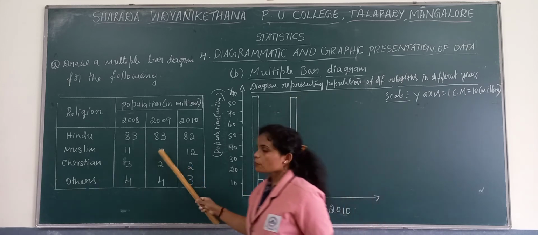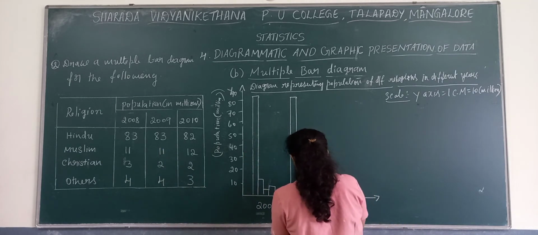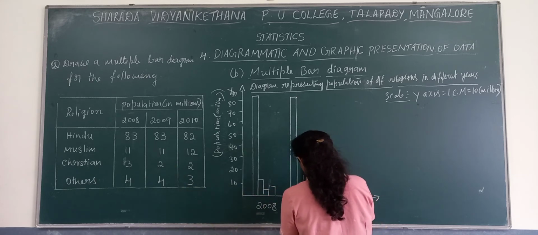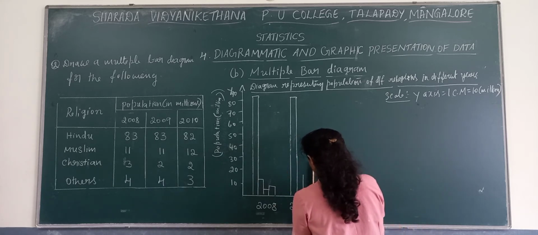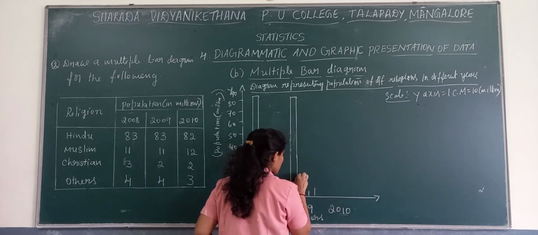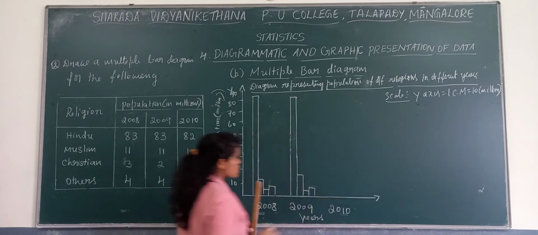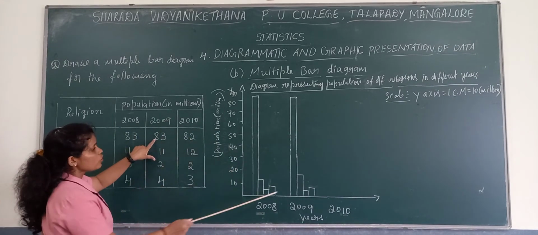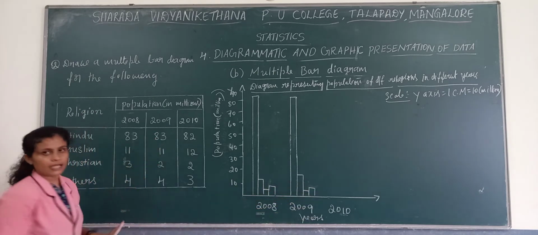Next, Muslim population again is 11, and Christian is very less, it is 2, and again other population is 4. So this is 2009: Hindu population, Muslim population, Christian population and other population.